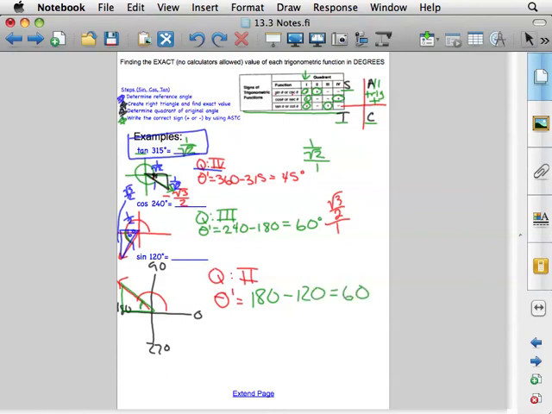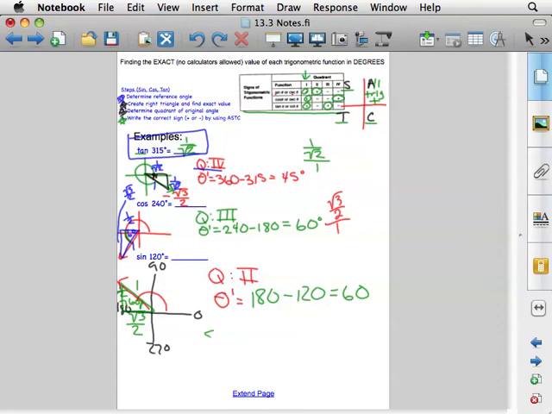So we've got another 30-60-90 with our 60 in here. We know our radius is always 1. Our short side would be 1/2, and our long leg would be radical 3 over 2, or 1/2 times radical 3.